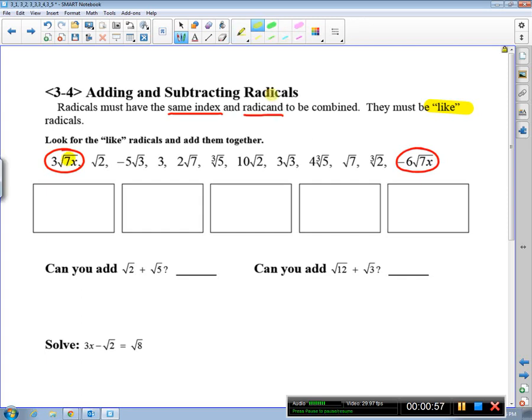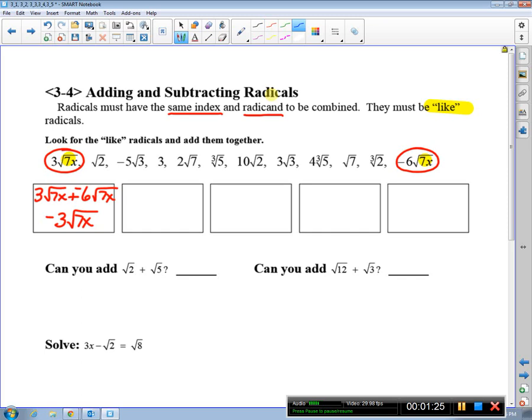Because the radical part is the same and the index is both square root, we can add those. And we would get 3 and negative 6 is negative 3 radical 7x.